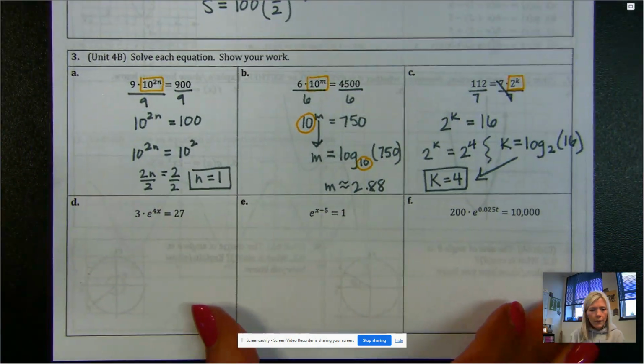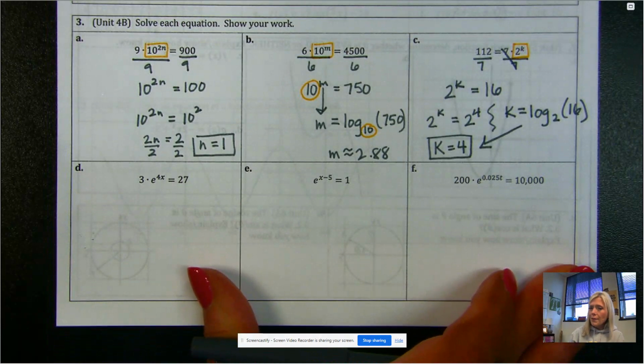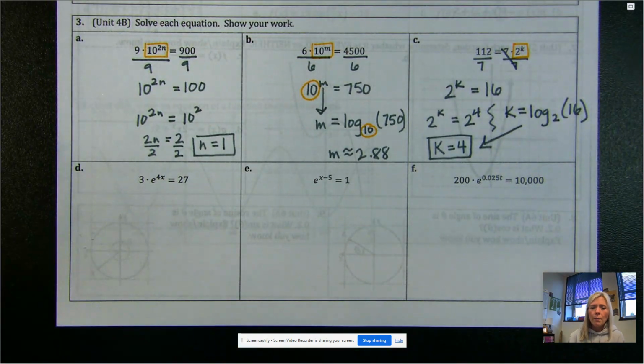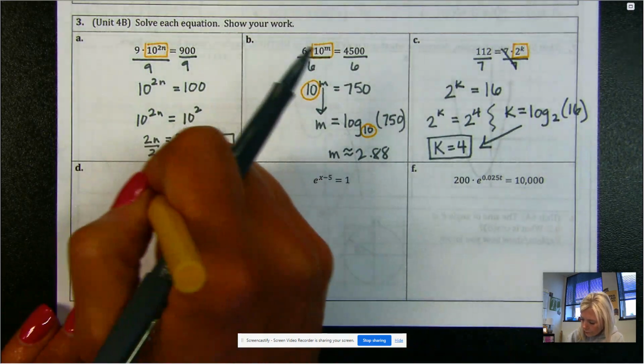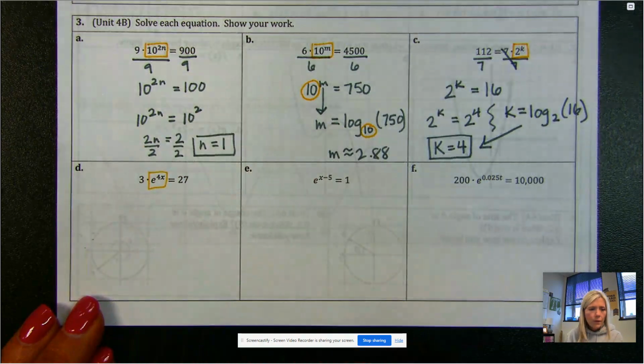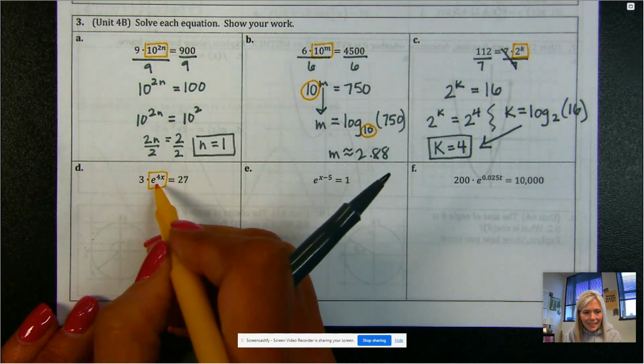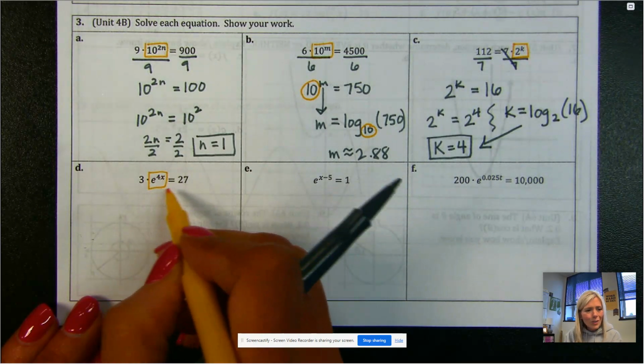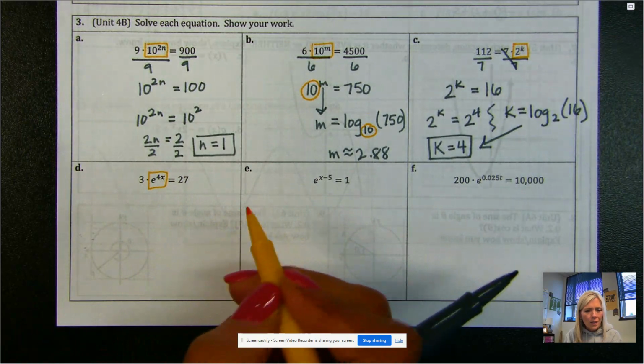All right, we have a few more. We have a different base this time, but we're going to operate in the same way. So I have to get the base and the exponent on one side of the equation all by itself. When our base is e, we still operate in the same way.